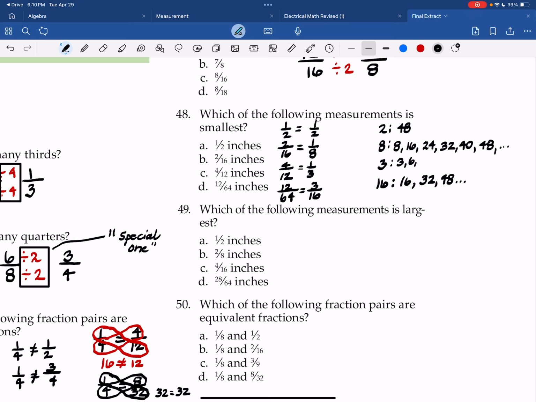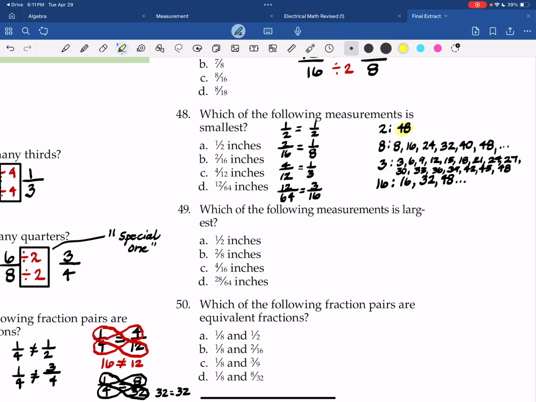I'm being lazy. 9, 12, 15, 18, 21, 24, 27. I'm just adding 3 each time. 30, 33, 36, 39, 42, 45, 48. That is my least common denominator.